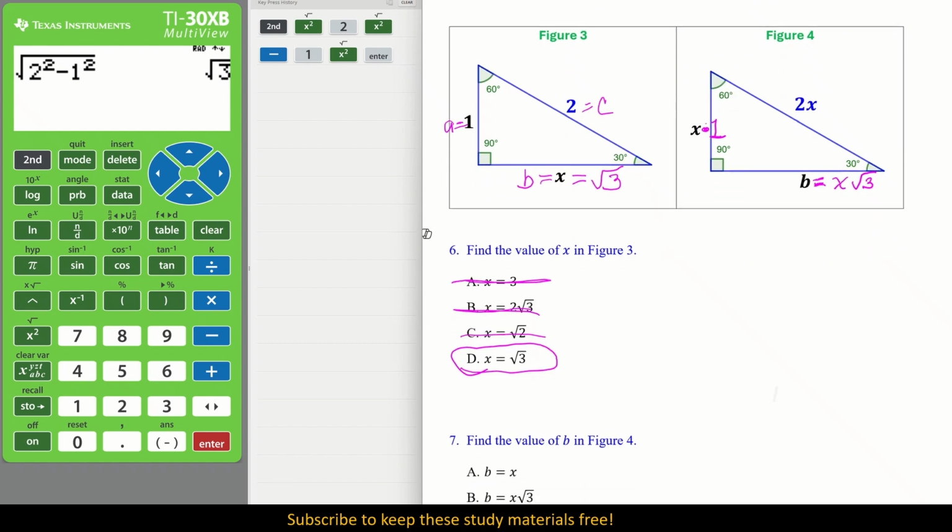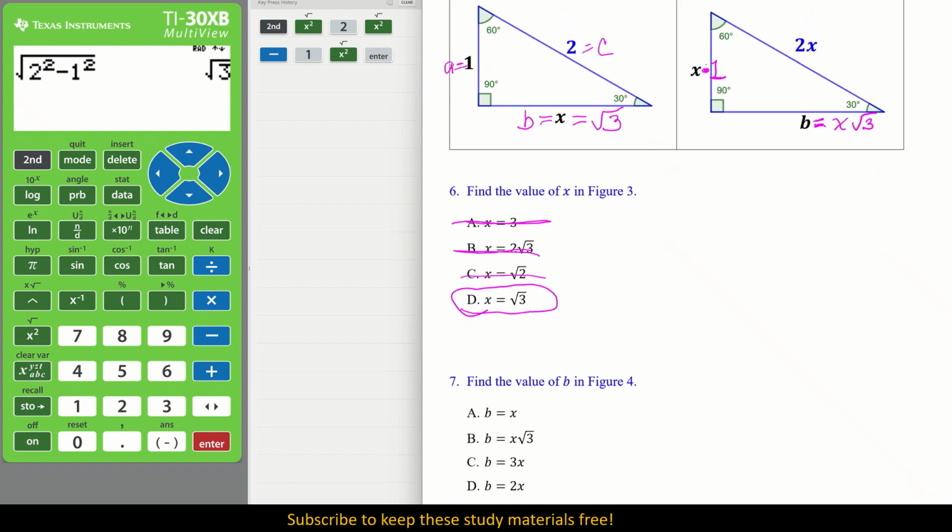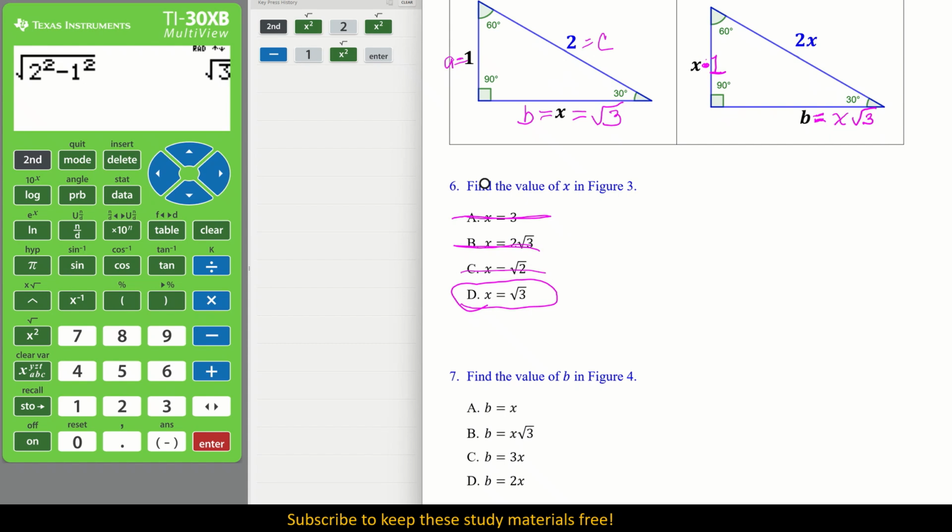So now let's look at number 7. And it says find the value of b in figure 4. Well, we've already found it. And you probably saw that right away. If you've worked with these triangles at all, you would have automatically said, oh, I know what that is because I worked with it and there's nothing else it can be.